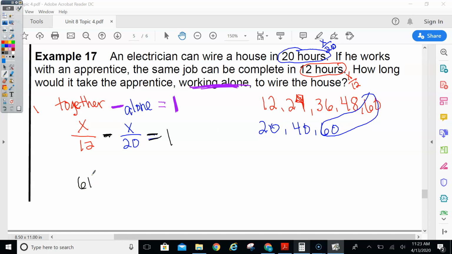So 60 minus 60 equals 60. So what do I have to multiply 12 by to make it 60? 1, 2, 3, 4, 5. Multiply it by 5. And multiply this fraction by 5.